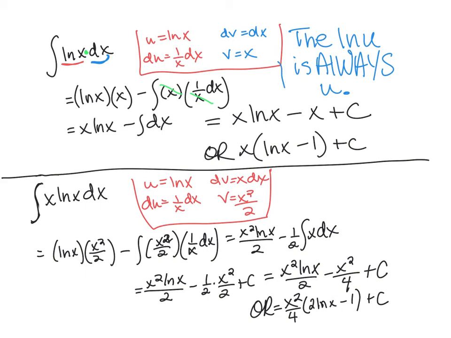So here we go. I've got this part and this part. I know that ln has to be u. I take its derivative and get 1 over x dx. That means the rest, this dx, is my dv. And when I take the integral of dx, I get plain old x.